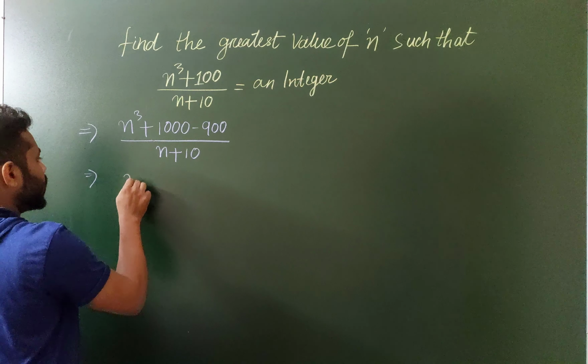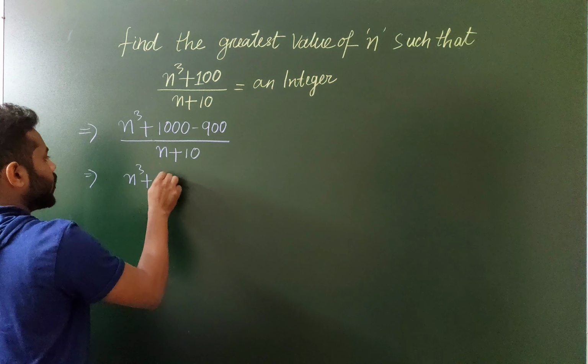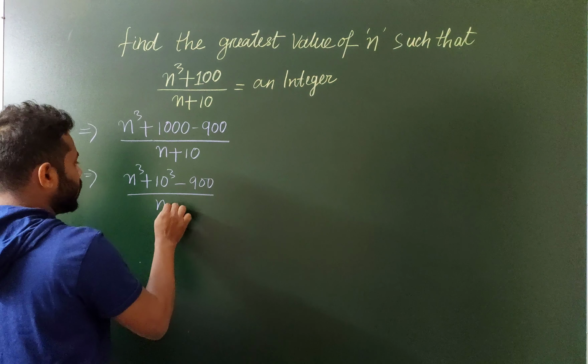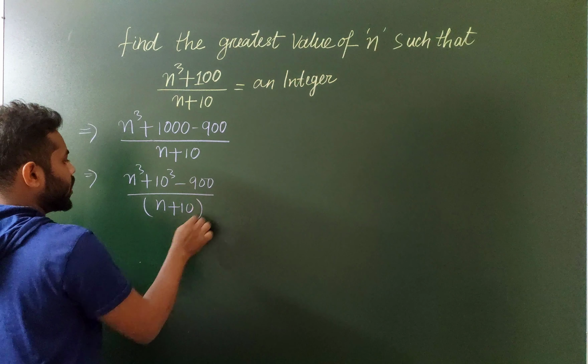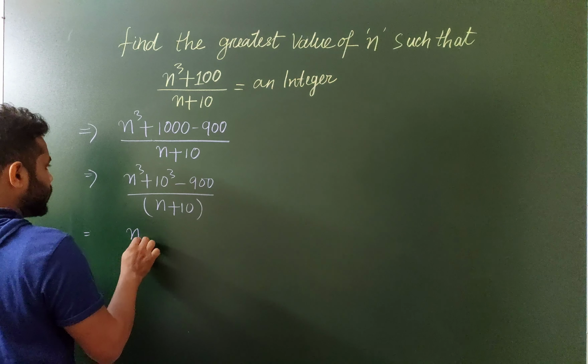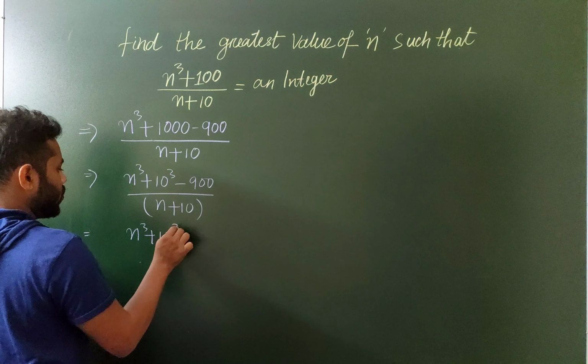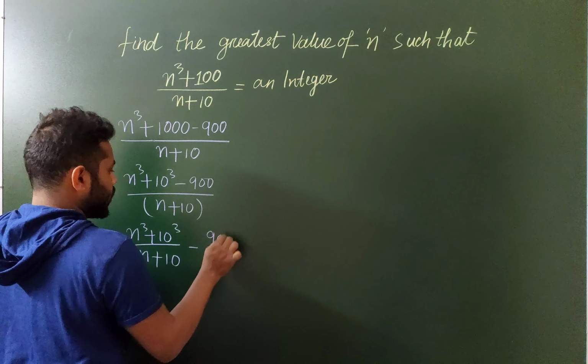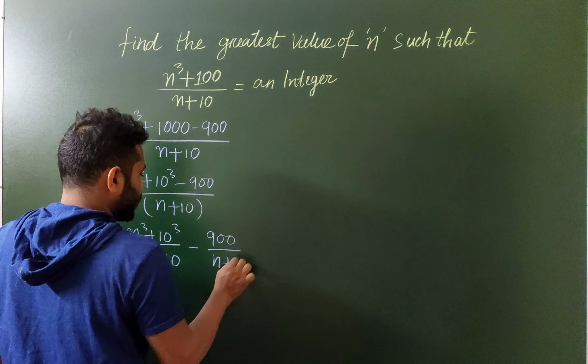Now I can separate like this: n cube plus 10 cube by n plus 10, minus 900 by n plus 10.